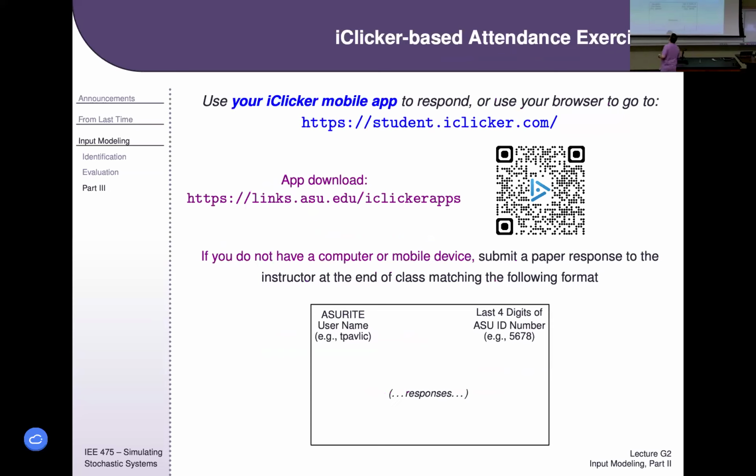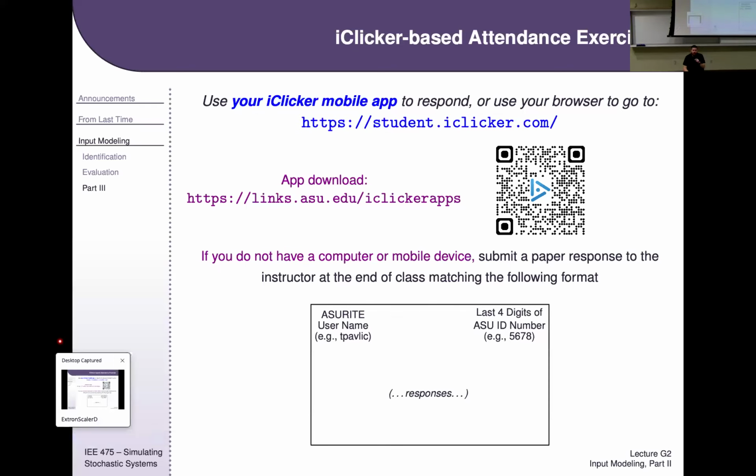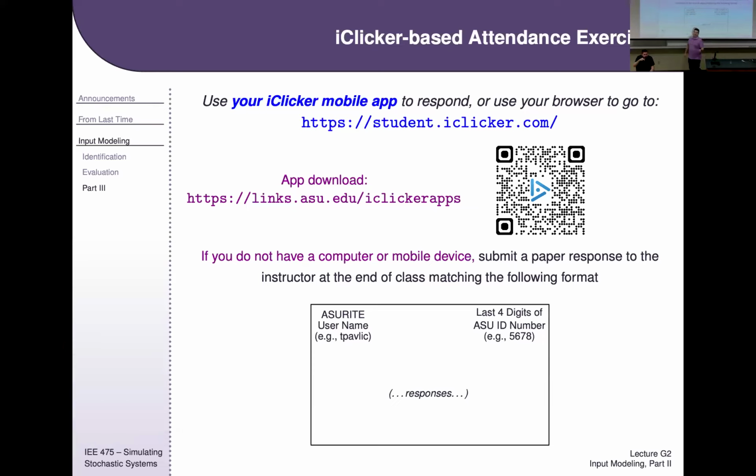If not, then let's do the clicker. The question is, what comes first, a QQ plot or a PP plot?